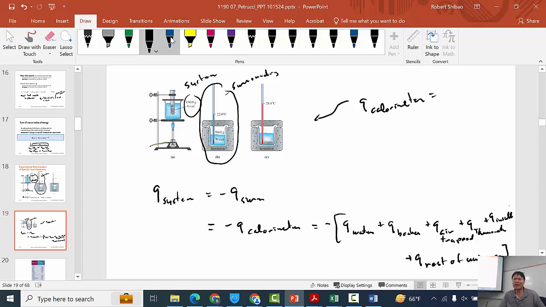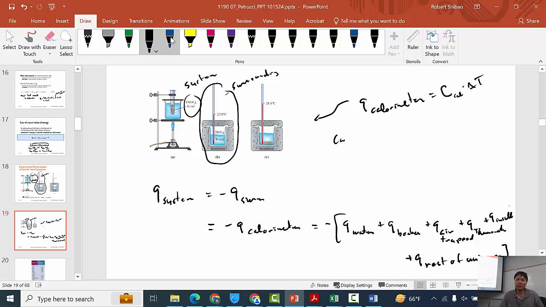How many calorimeters do we have? One. Are we ever going to have multiple calorimeters, like 10 calorimeters? Never. And so what your book likes to do is just forget that it's just one. So I'm not going to put in the amount here. It's 1 calorimeter times C of the calorimeter times delta T.